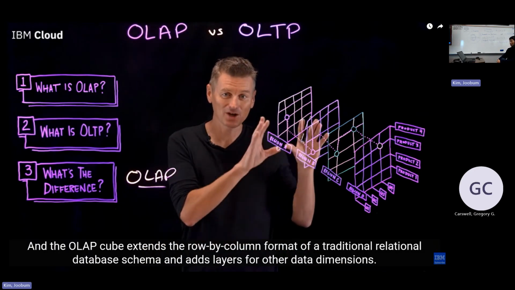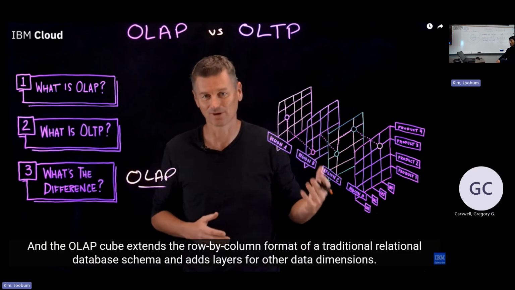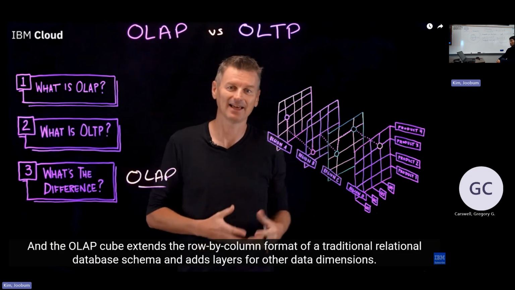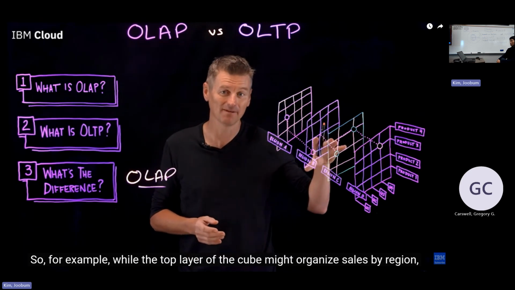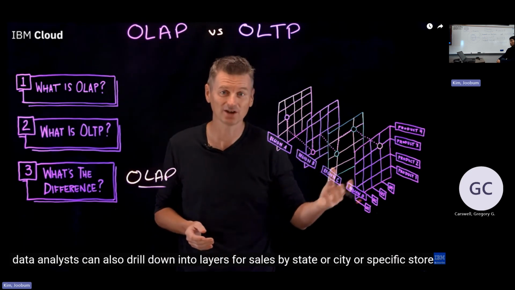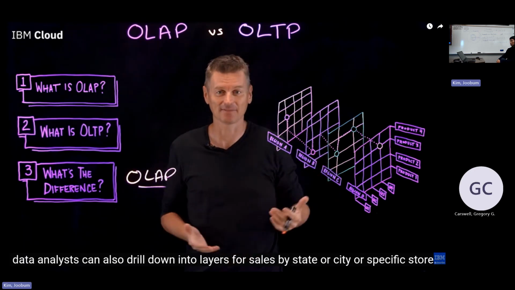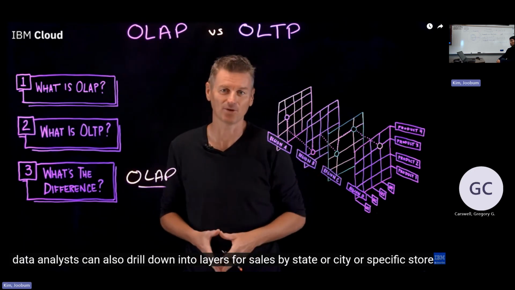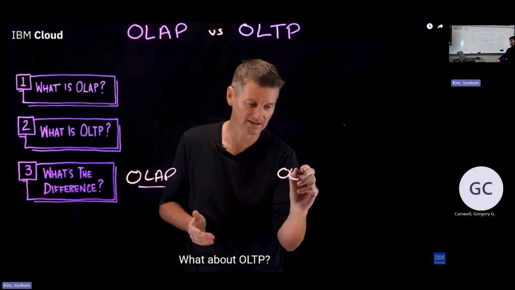And the OLAP cube extends the row by column format of a traditional relational database schema and adds layers for other data dimensions. So, for example, while the top layer of the cube might organize sales by region, data analysts can also drill down into layers for sales by state or city or a specific store. So that's OLAP. What about OLTP?